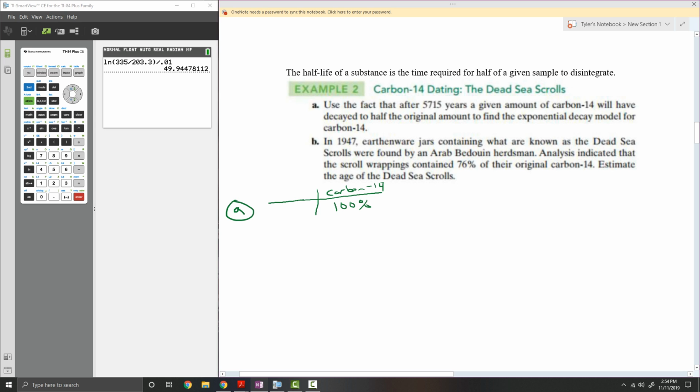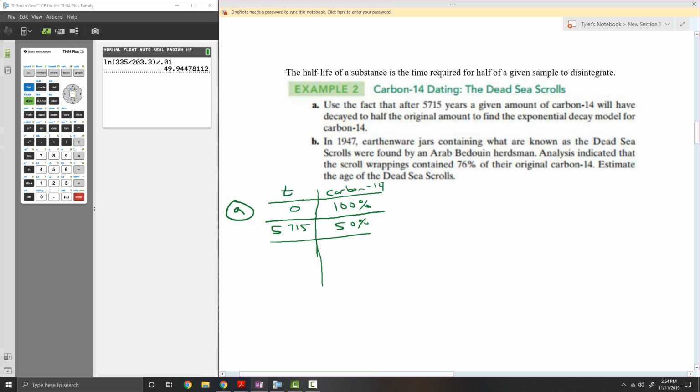We'll call this t. So at time 0, you're going to have 100%. And then as t equals 5,715, now you're going to have 50% of your carbon-14 item.